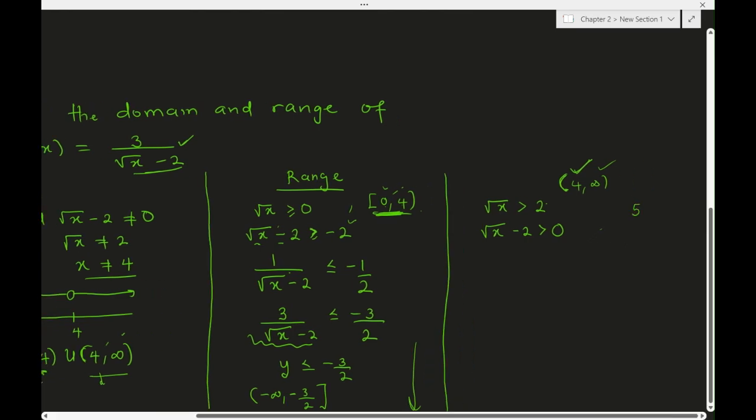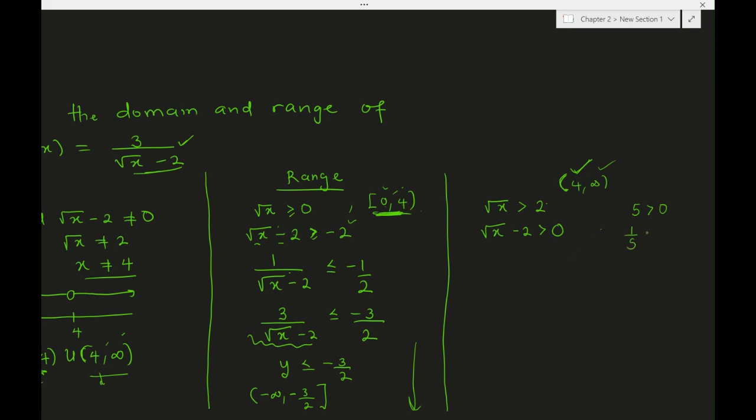If you have, for example, the number 5 greater than 0, 1 over 5 surely is still greater than 0. And we are sure that the number here is always greater than 0. Because what will make this number 0 is when x is 4. Because if x is 4, you will have root of 4 minus 2. But 4 is not in the domain because this domain is open here.